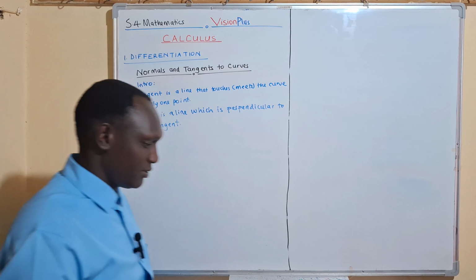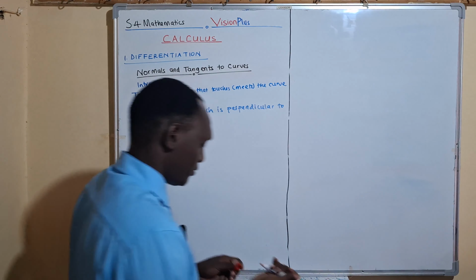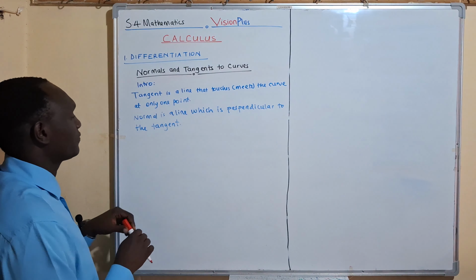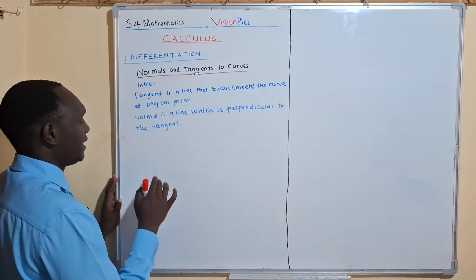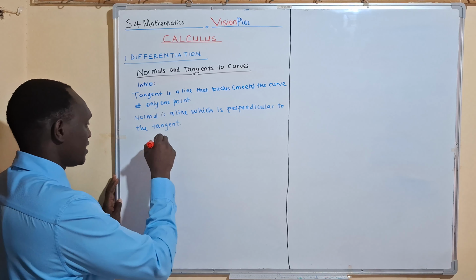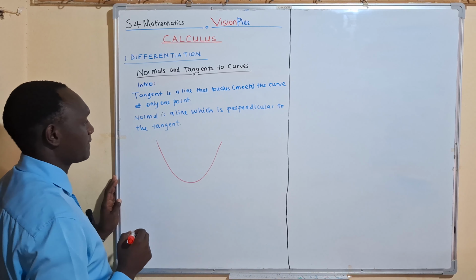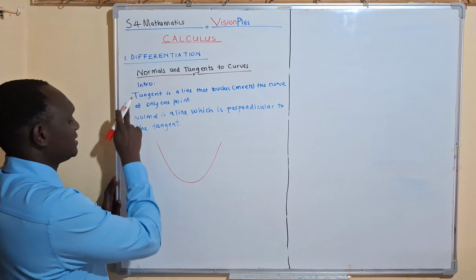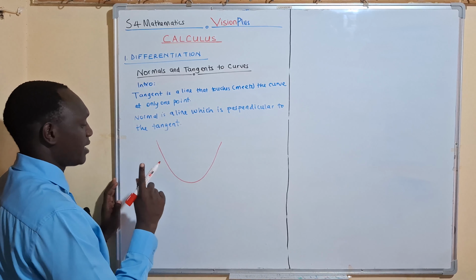And let us illustrate this and try to visualize it. If you have a curve in any manner, assuming my curve is in this manner, okay? Now, the tangent is a line that will meet this curve at only one point.